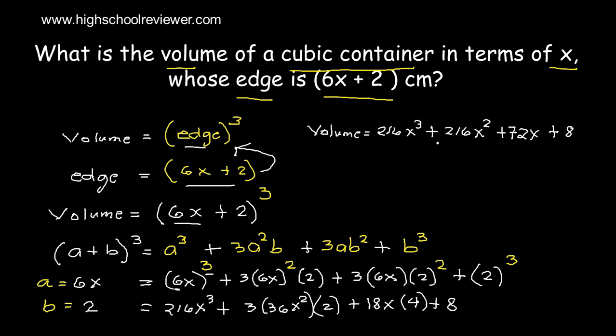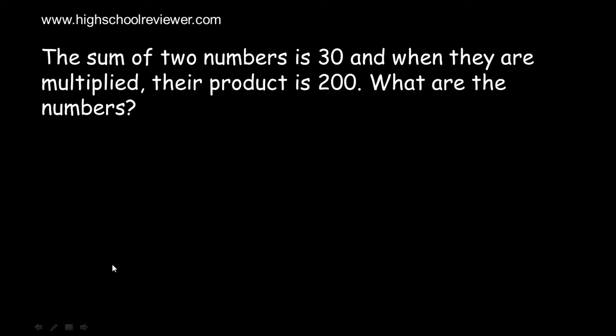Since we cannot combine terms anymore, 216x cubed plus 216x squared plus 72x plus 8.